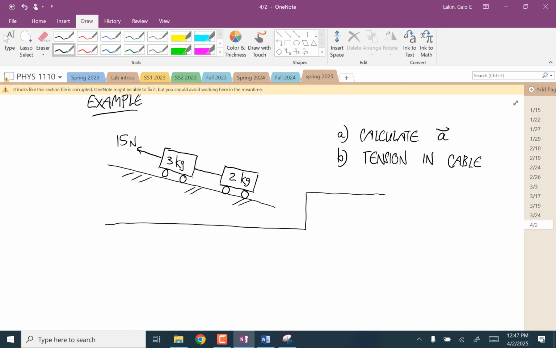Yeah, so the first step is that we isolate the whole thing as a system, and we'll do that to calculate the acceleration, and then we'll go and isolate the individual bodies, okay? So we know we're going to do that, and now we also know that we are going to use a rotated coordinate system with the y-axis pointing that way and the x-axis this way.